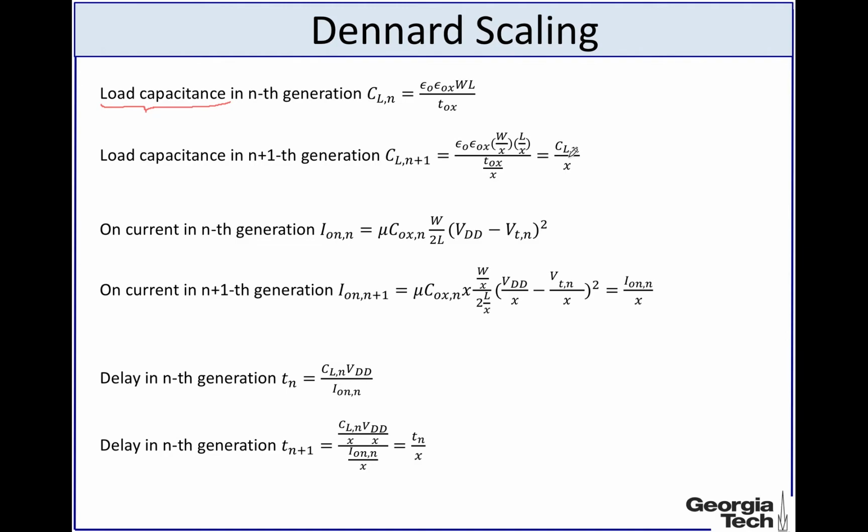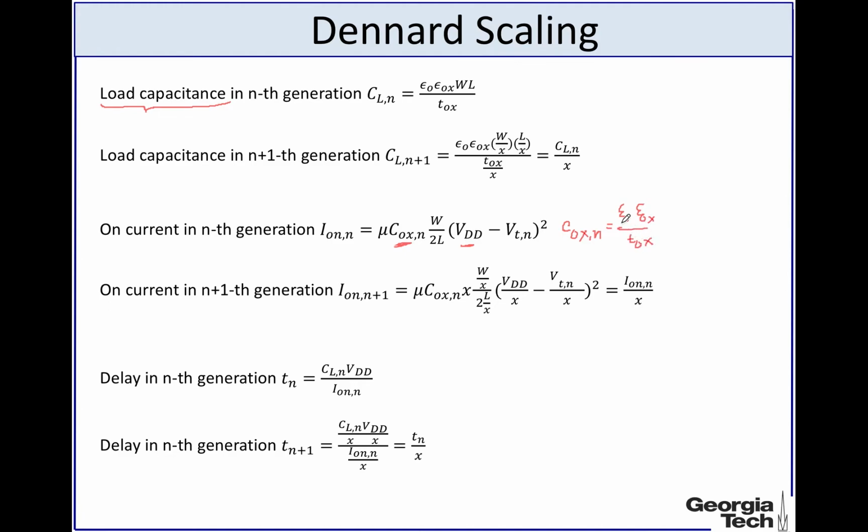Right, so now the on current in the nth generation is given by this equation. Again, on current is defined as the current that flows through the device when the drain voltage and the gate voltage are both equal to VDD. And here the Cox is given by epsilon naught epsilon ox over Tox.